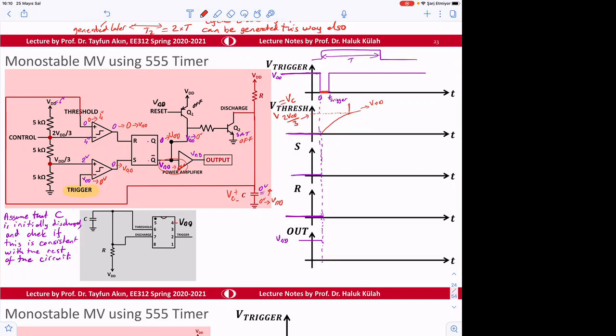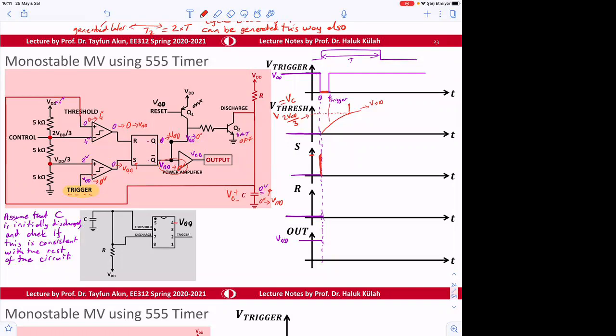So here, what happens to S? The trigger affects S. Whatever the trigger is, S is the inverse of it. So S becomes high at VDD.